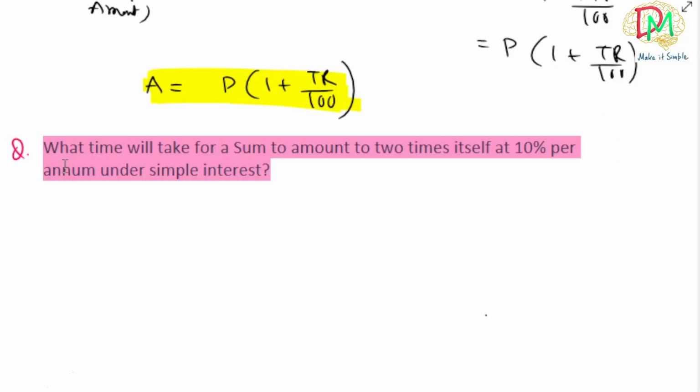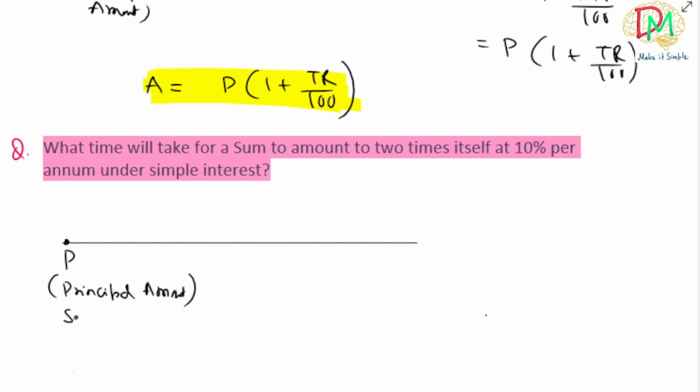Let's solve a question on simple interest. What time will it take for a sum to amount to 2 times, or double itself, at 10% per annum under simple interest? First, draw a line diagram. So here is the principal amount, that is sum, and here is the amount.